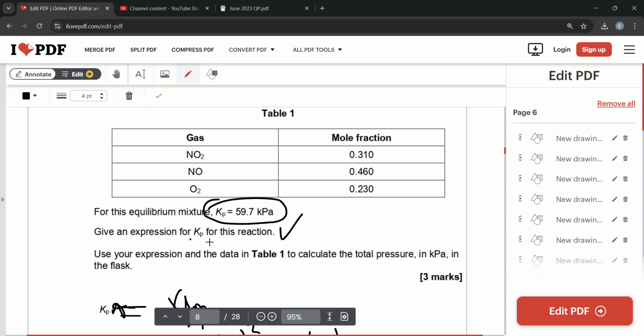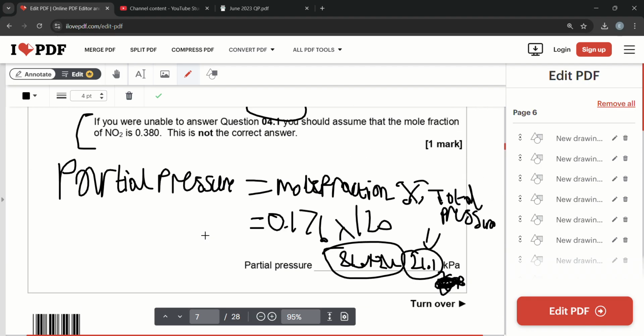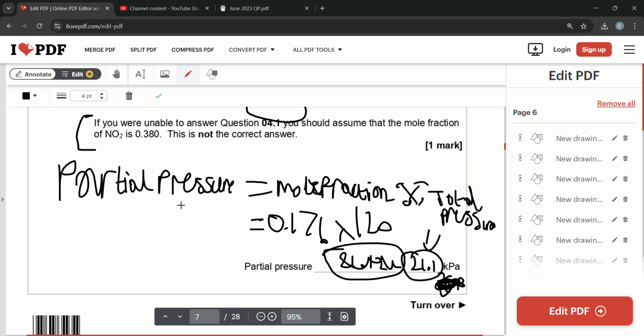We know the Kp is that. We want to find the total pressure in kilopascals in the flask. How would we do that? Well, remember the formula I just said before. Partial pressure is equal to mole fraction times by total pressure.